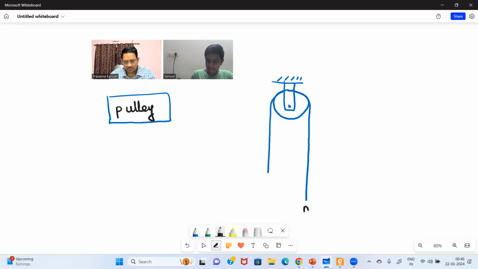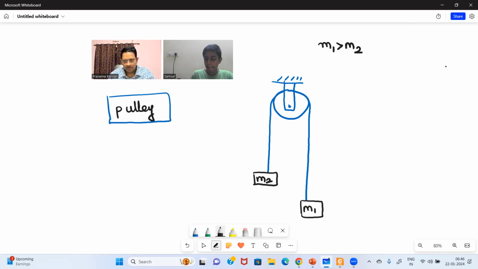Let's say I have two masses, M1 and M2, connected through the same string in a pulley. Let's say the mass M1 is heavier, M1 is greater than M2.